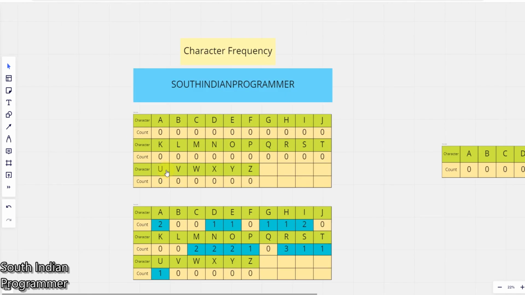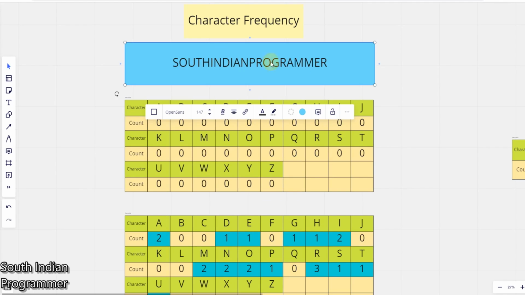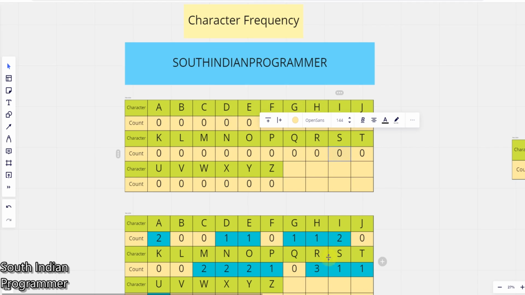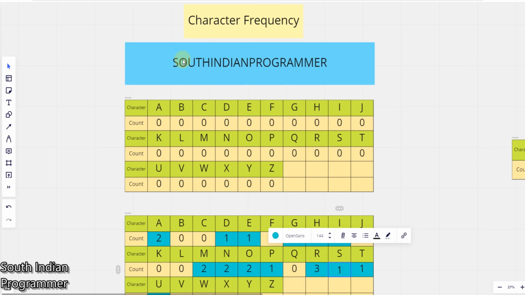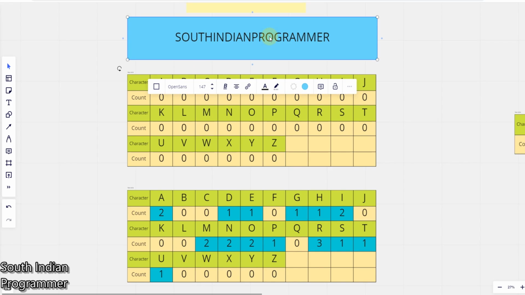Here I have S, so I'm incrementing it by 1, and O is there, I'm incrementing it by 1, and then U, I'm incrementing it by 1, and T is there, so 1 time, H is there 1 time. Likewise you can go, when you have the next O, I'm incrementing it to 2. So we have to do like this, and then we have to print the characters which have a value greater than 0.